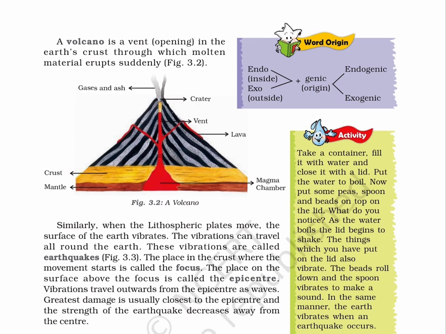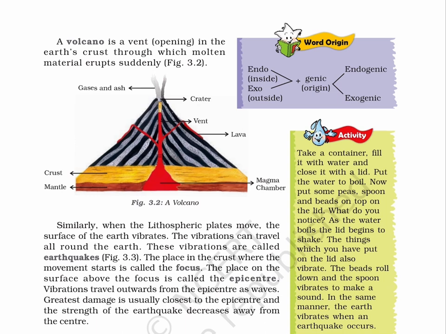We have a figure below this text representing a volcano. We can see things like mantle, crust, magma chamber, lava, vent, crater, gases and ash as the volcano erupts.